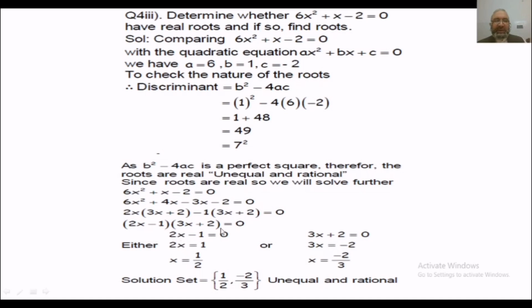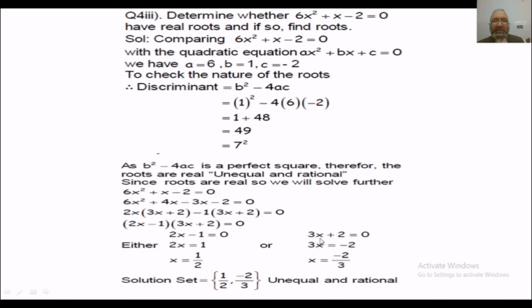By the same principle, if the product of two factors is equal to 0, this means each factor, 2x minus 1 equal to 0 and 3x plus 2 equal to 0. Solving these two factors, 2x is equal to 1, divided by 2, we get x is equal to 1 by 2.